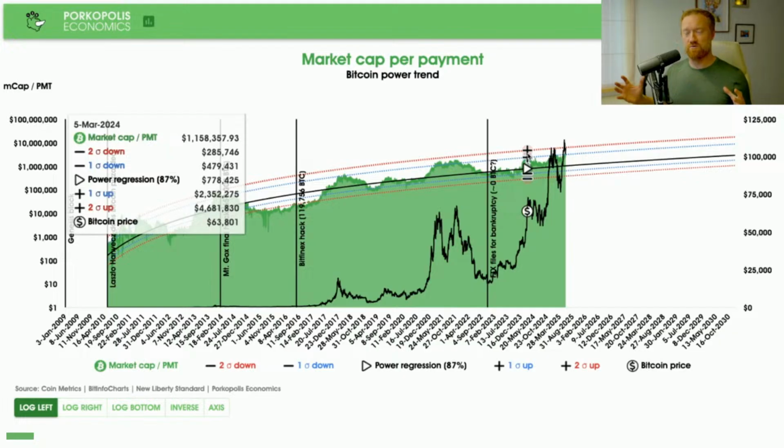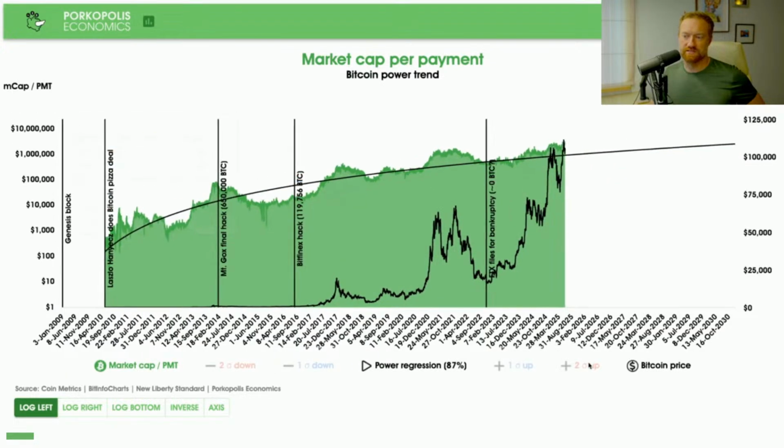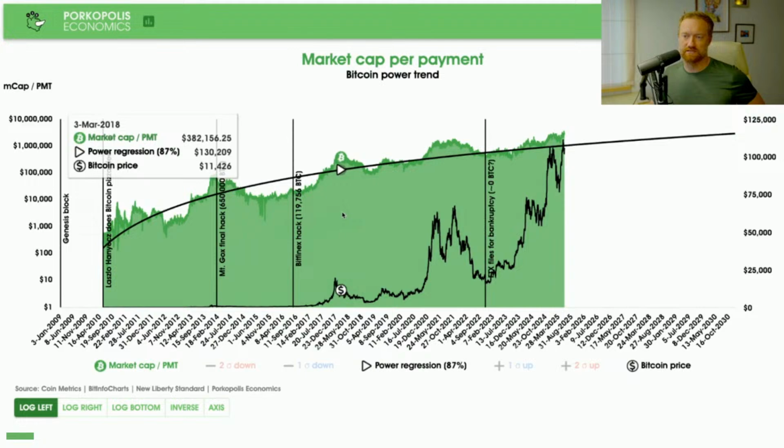So the network has to increase by 1/5 for this chart to double.